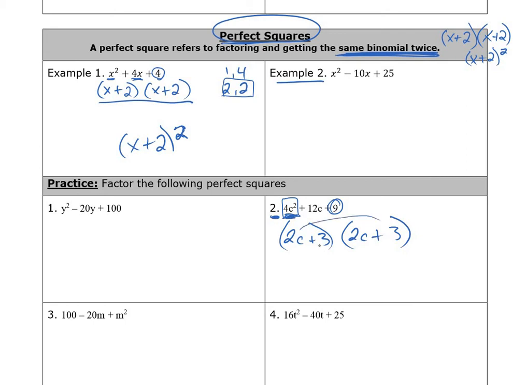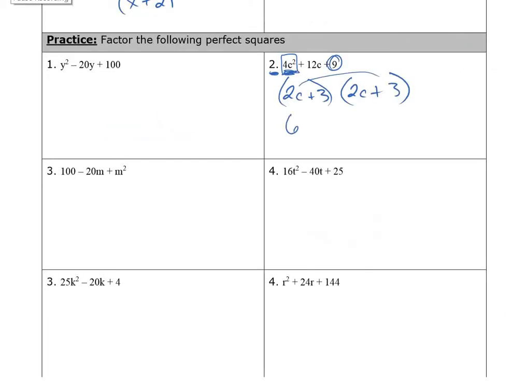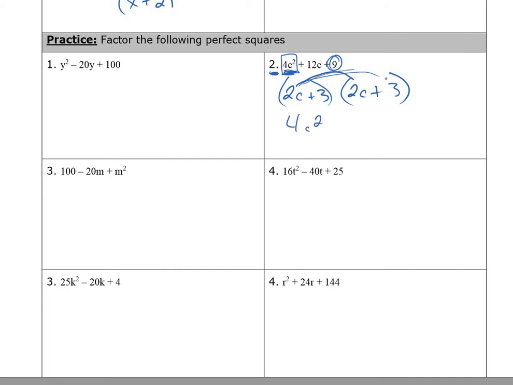If you were to FOIL it, you're going to get... I tried to do the O first, outside. It's first times first. That would be 4c squared.